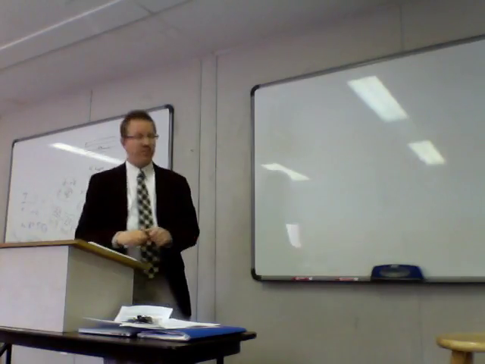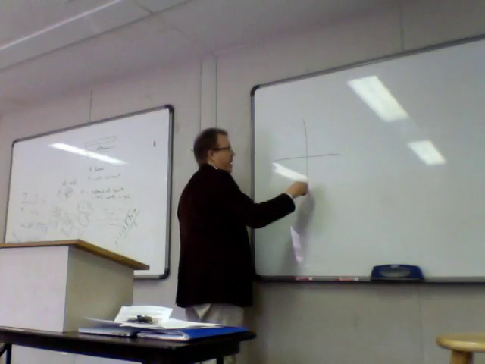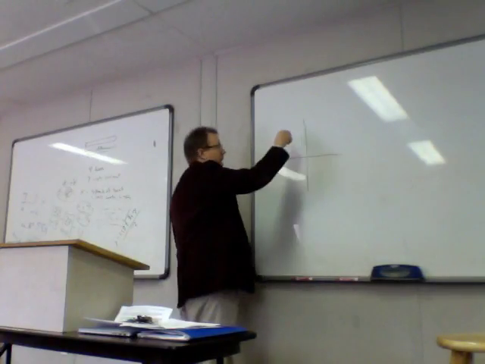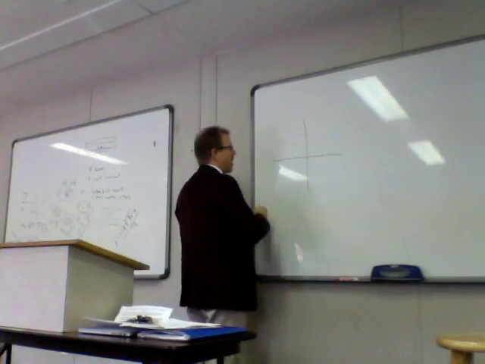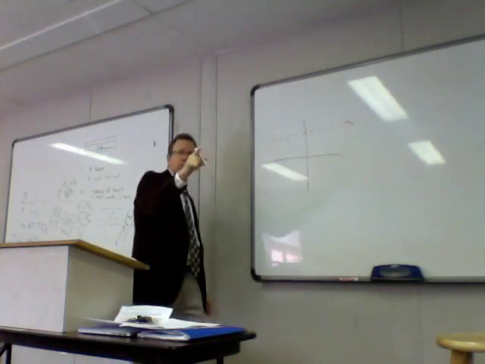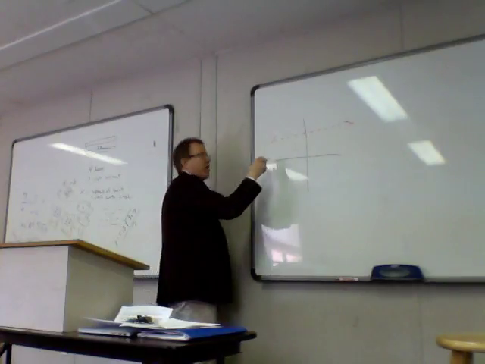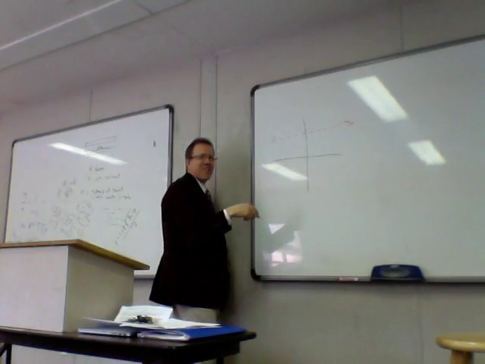Well, here's the problem. Let's say I have a function, and I'll make it nice and easy, and say, let me use a different color, and say it's this horizontal line right here. And how do I write the equation of a horizontal line here? X equals? That would be a vertical line like we had on the test.